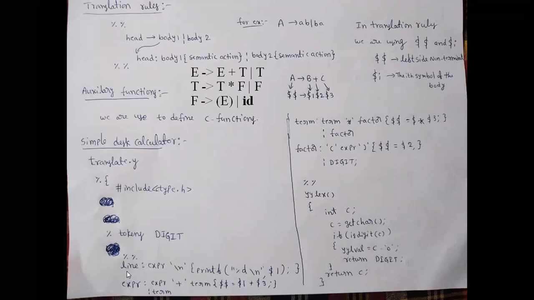So in line 1, this is the first expression. E is the head value. So expr newline means printf percentage d newline, colon, $1. Here the $1 is the production; $1 means you need to specify the value of E. And what is expr?